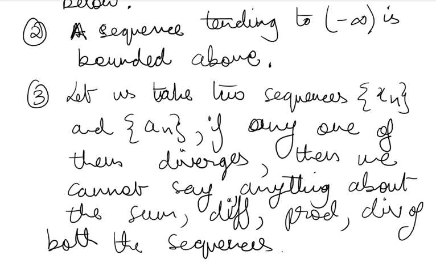So what does this mean? It means that if a sequence, let's say xn is taken, and if I take another sequence an, then when I add them, will the sum converge? Your answer will be, I don't know. Will this difference converge or diverge? I don't know. Will their product converge or diverge? You don't know. Will the division converge or diverge?